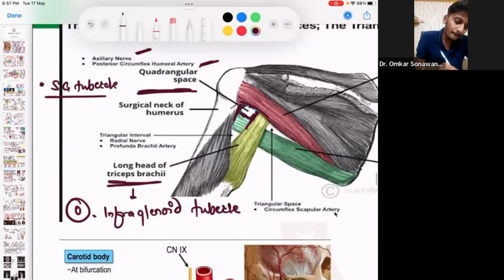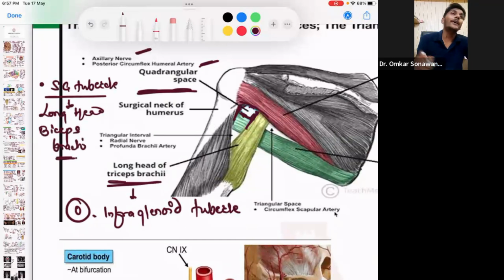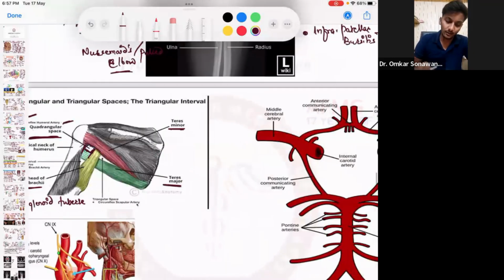Long head of biceps brachii. The short head arises from the coracoid process. Remember, long head of biceps brachii arises from the supraglenoid tubercle and long head of triceps arises from the infraglenoid tubercle. Remember these important things.